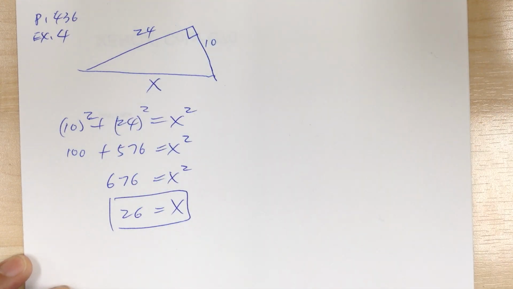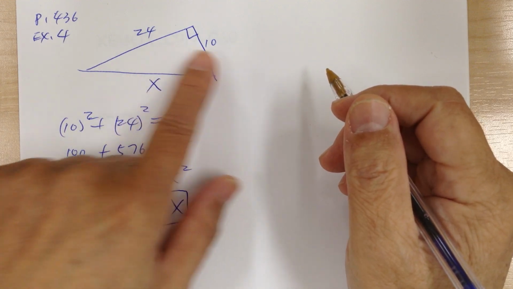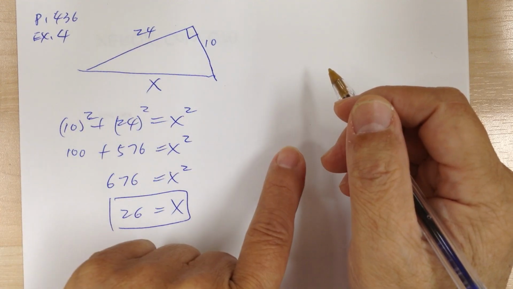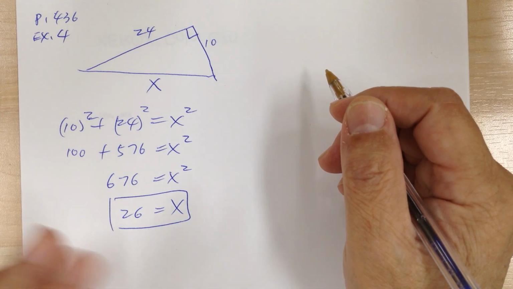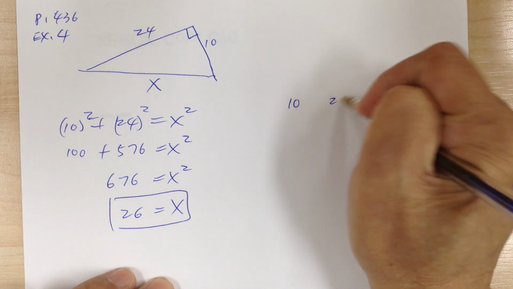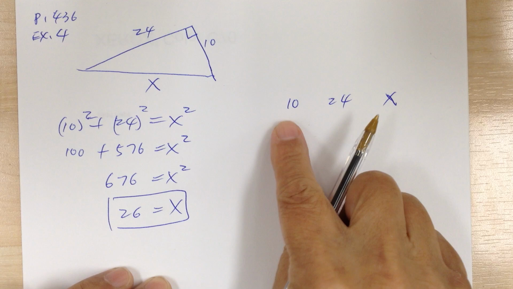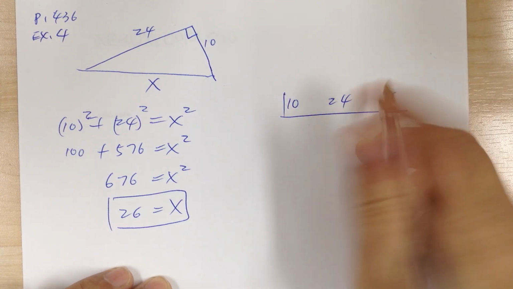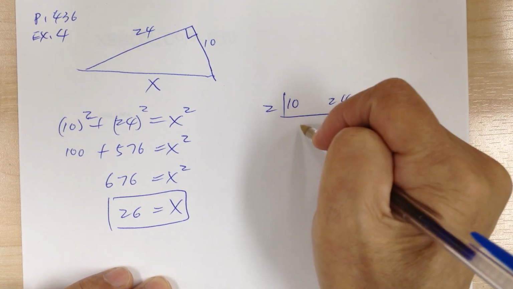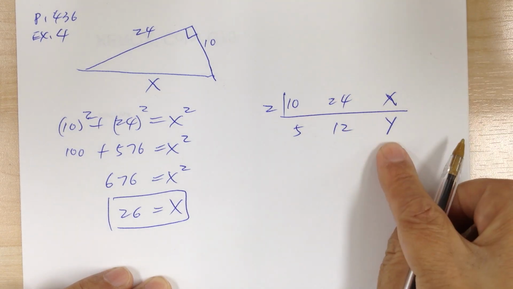Now I'm going to show you how to do it without the calculator. Arrange the sides from the shorter side to the longer side. If you don't know which is the longer side, the hypotenuse is always the longest. So you go 10, 24, and x. Then factor out as much as you can. These are divisible by 2, so divide by 2 and you get 5, 12, and for the one you don't know, use a different variable, y.